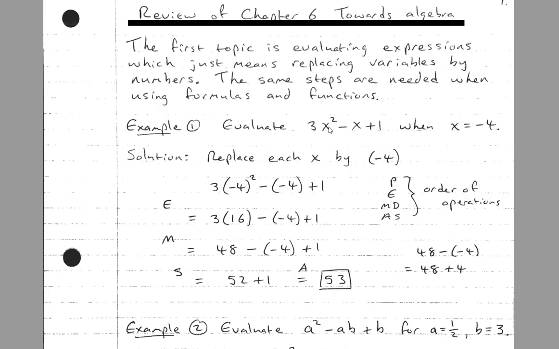Whatever this x is, it's getting squared first, and then it's multiplied by 3. So exponents before multiplication. And you should only be doing addition and subtraction at the end of the problem.